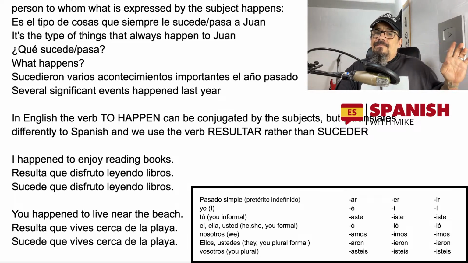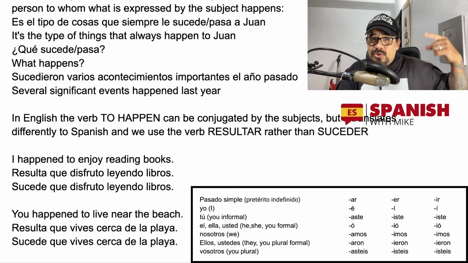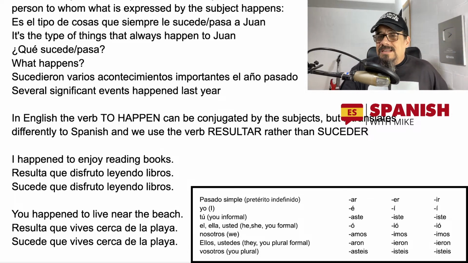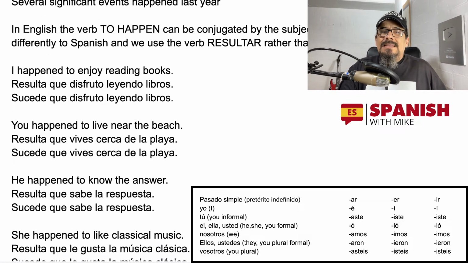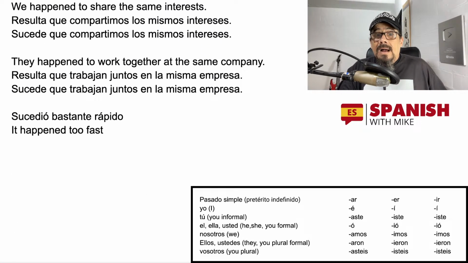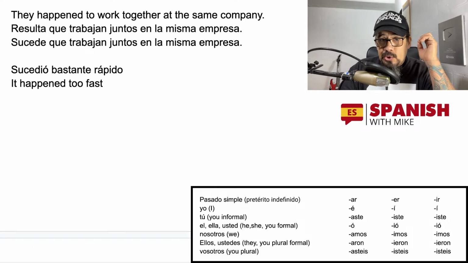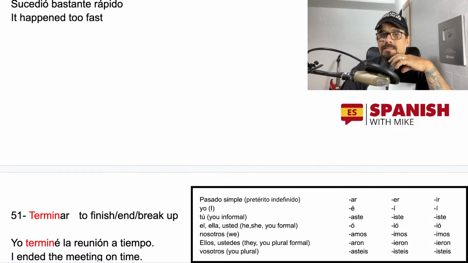Thing is, in Spanish, when I put this in the past, I happened to enjoy reading books, the translation is pretty much the same. Resulta que disfruto leyendo libros. Resultó, but it's not quite a way in which we use it in Spanish. But we can say it happened too fast. Sucedió bastante rápido. Sucedió, pasó, sucedió, o sucedieron if it's plural.